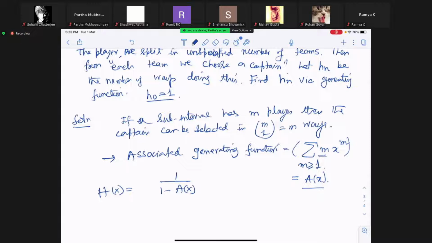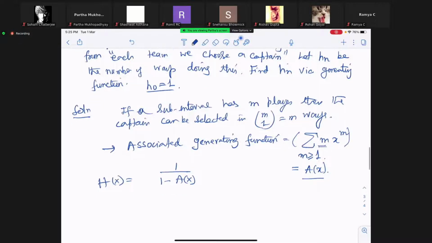Now, what is a closed form of x? X by 1 minus x square.